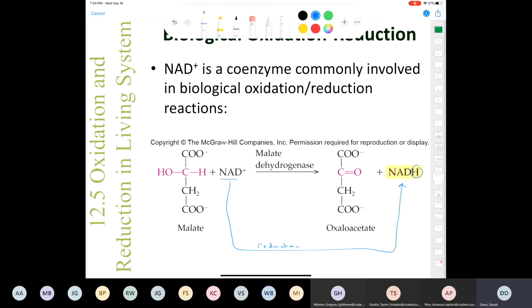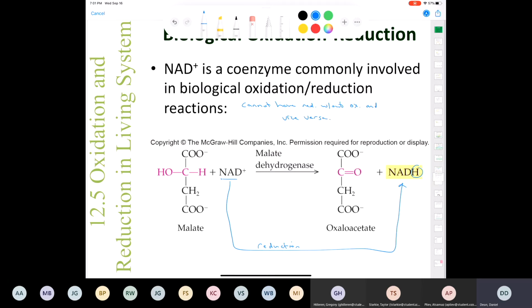And you can't have oxidation or reduction without the other, okay? So you cannot have reduction without oxidation and vice versa. You can't have oxidation without reduction, okay?